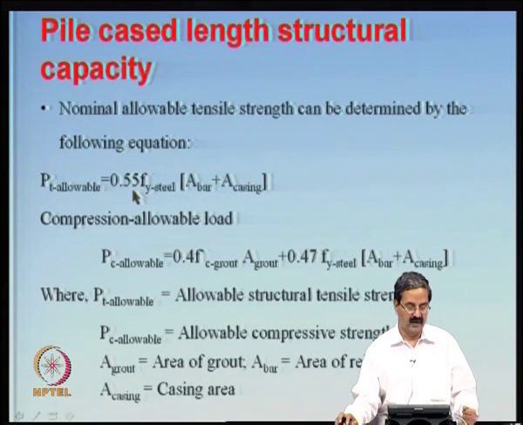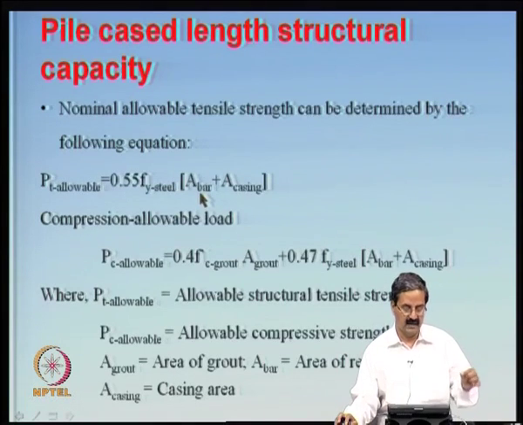Here, 0.55 is similar to a factor of safety of 2, or a little more or a little less than that. Then you get 0.55 Fy steel into A bar, the area of cross section of the central bar, plus the casing. That is in the case of tension.